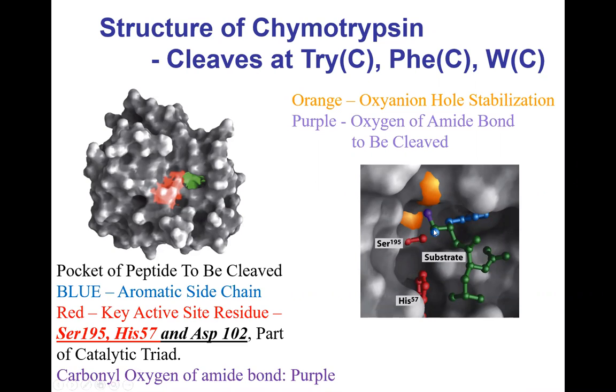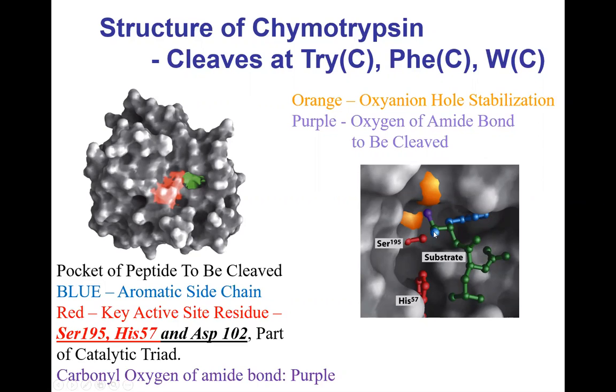What else are they showing you here? If you look closely, you will see this purple atom. You know what that is? That is the carbonyl oxygen. And the carbon is right behind that in green. Then this residue right here pointing at you is the NH, the nitrogen of the amide.